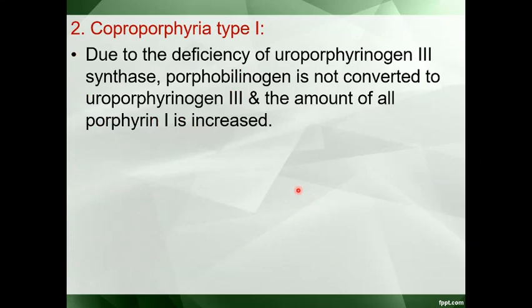Then the coproporphyria type 1. It is due to the deficiency of uroporphyrinogen III synthase. Porphobilinogen is not converted into uroporphyrin III and the amount of porphyrin 1 is increased. I'll just show you.